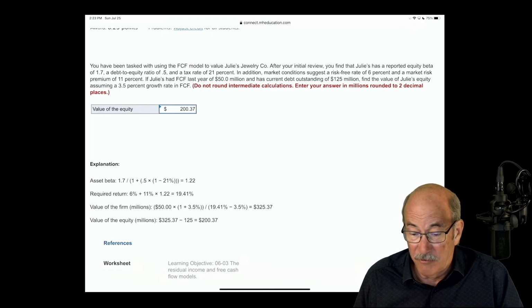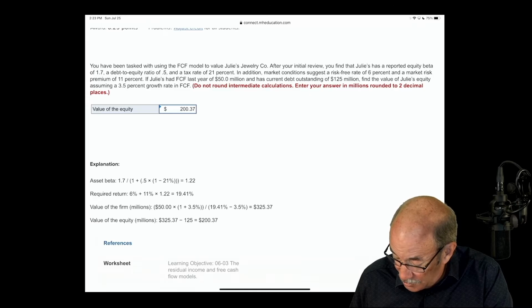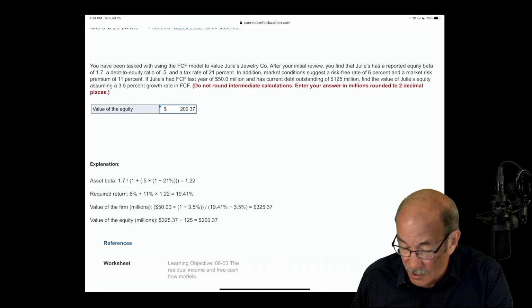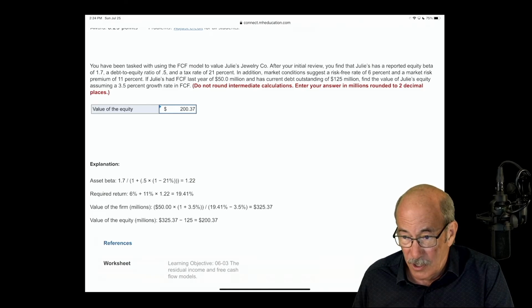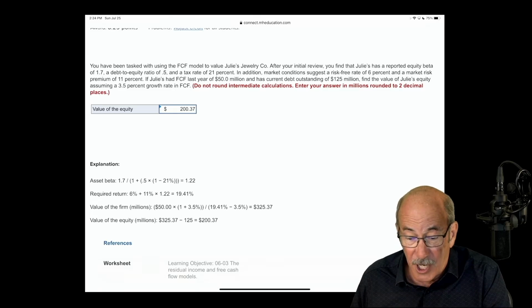We've got a formula for that as well. We have a debt to equity ratio of 50%, so every dollar's worth of equity is matched by 50 cents worth of debt.